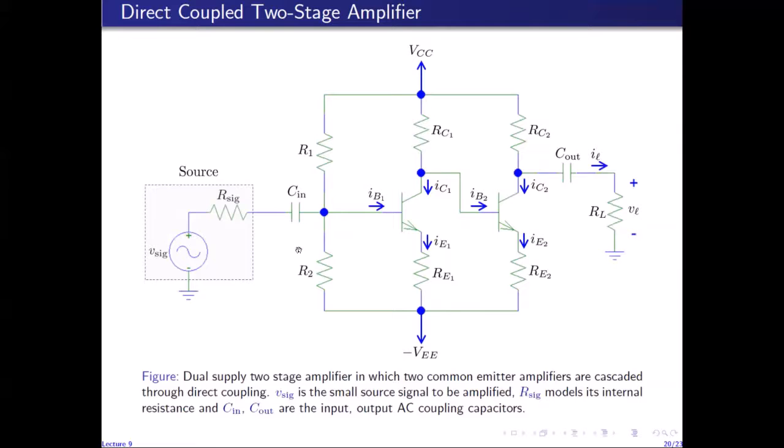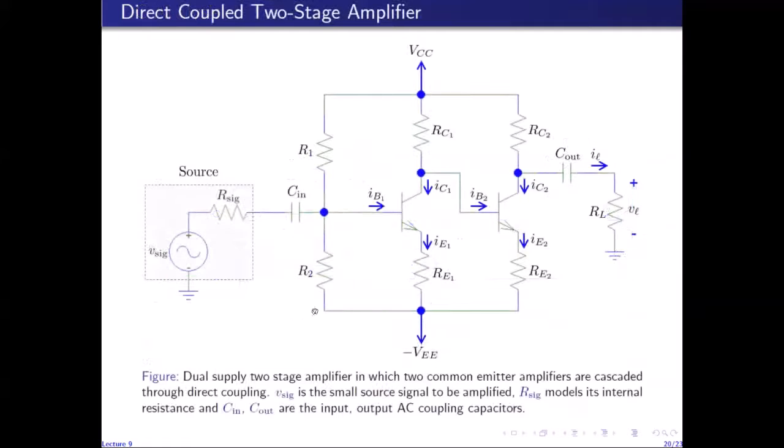So the DC analysis for this circuit is rather a bit more involved. Now, as you can see, there is direct coupling between the two stages, and the two stages cannot be analyzed separately under DC conditions. So at DC, when I open circuit the output and input coupling capacitors, the source and load are disconnected, and I'm left with this circuit here.